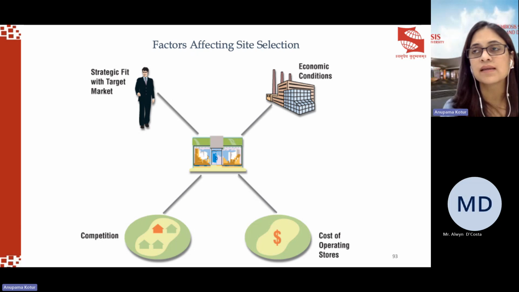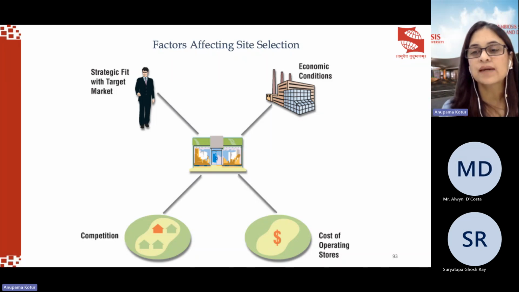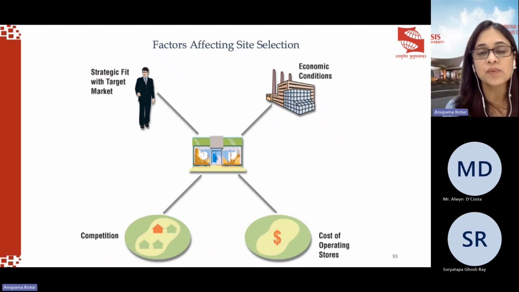Now, I am not saying that they are all there in one place, but all I'm saying is, are you located in a strategic location where it would be easier for your consumers to access your store? So it's very relevant that you are located strategically closer to your target market.